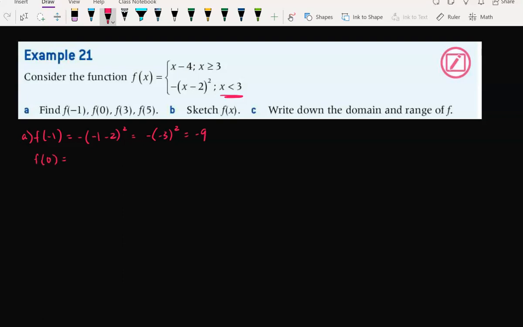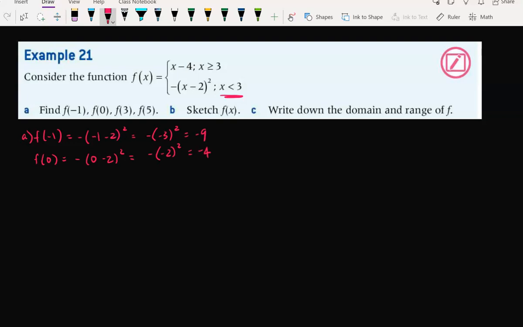f of 0, once again, we have to use the quadratic. 0 minus 2 squared equals negative 2 squared equals negative 4.